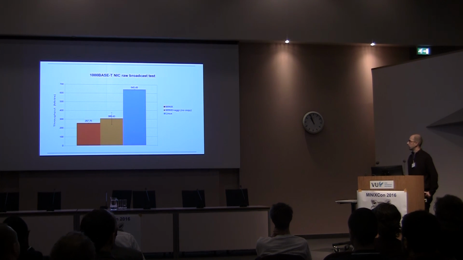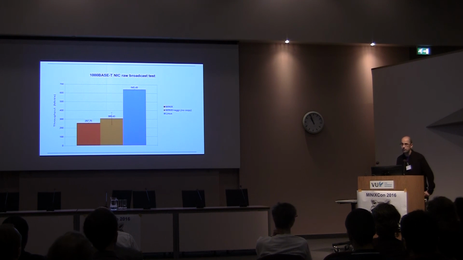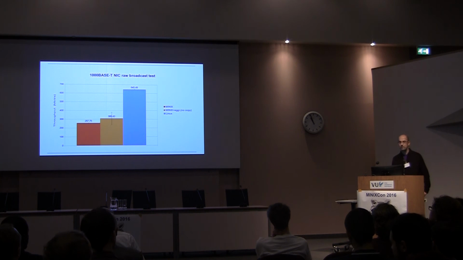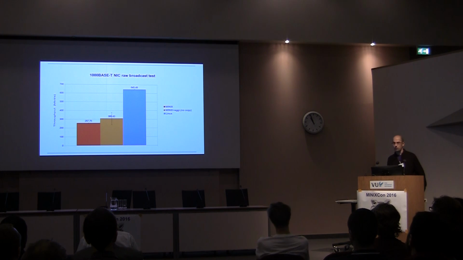However, on gigabit, this is strange. I hope that many guys will help me explain this. I got better results with the aggregation driver than without. I suppose it's some timing issue, but you can see the error bars are really wild here, so it might be.